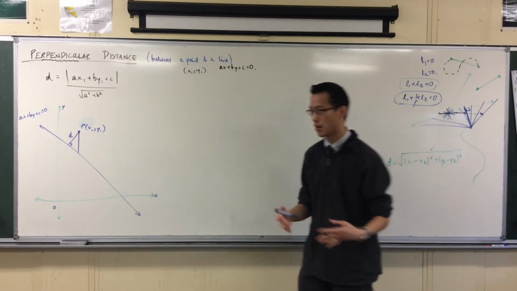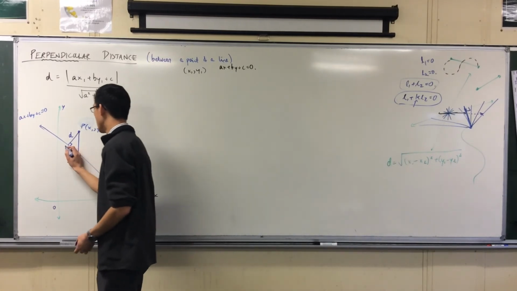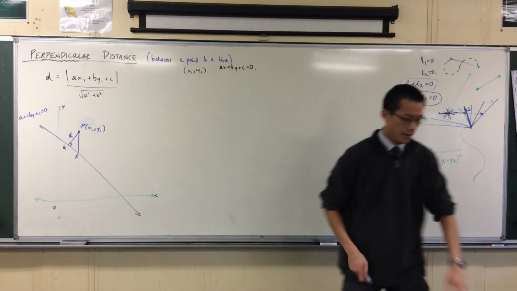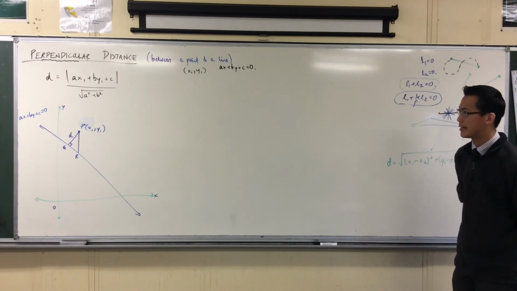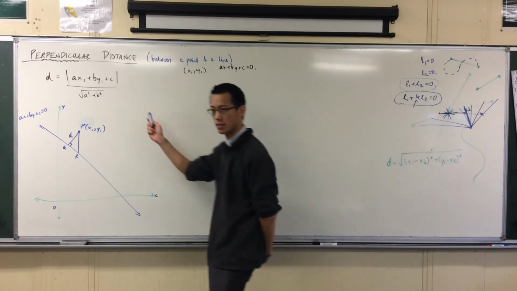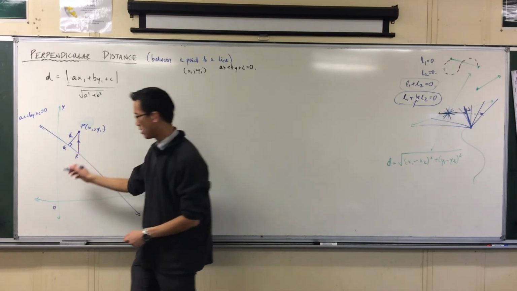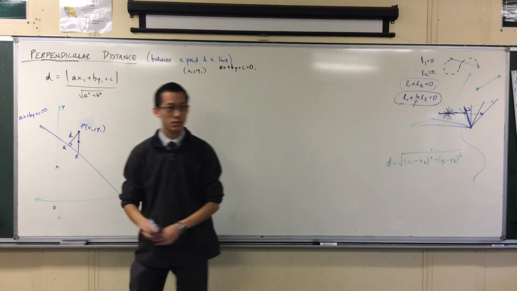What I have formed is a triangle, and I'm going to do some work with it, so I want to label it. I'm going to call it triangle PQR. This line is vertical, parallel to the y-axis over here.